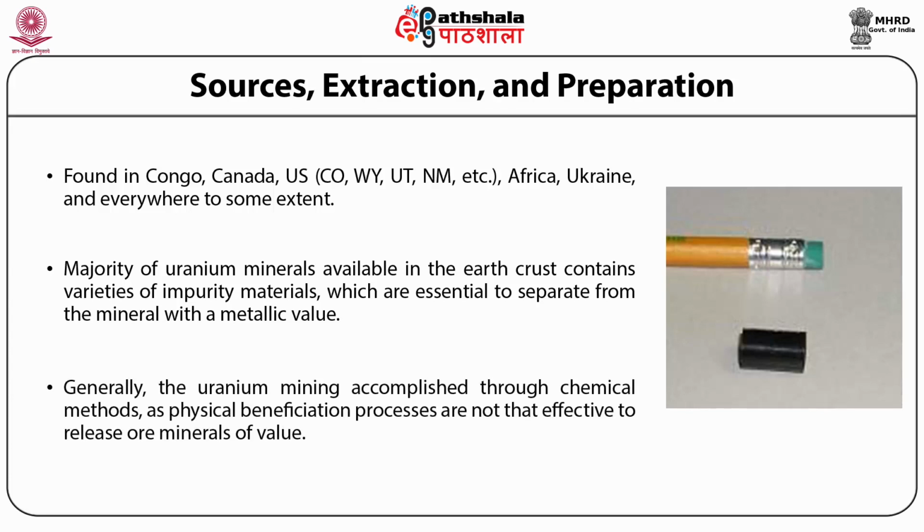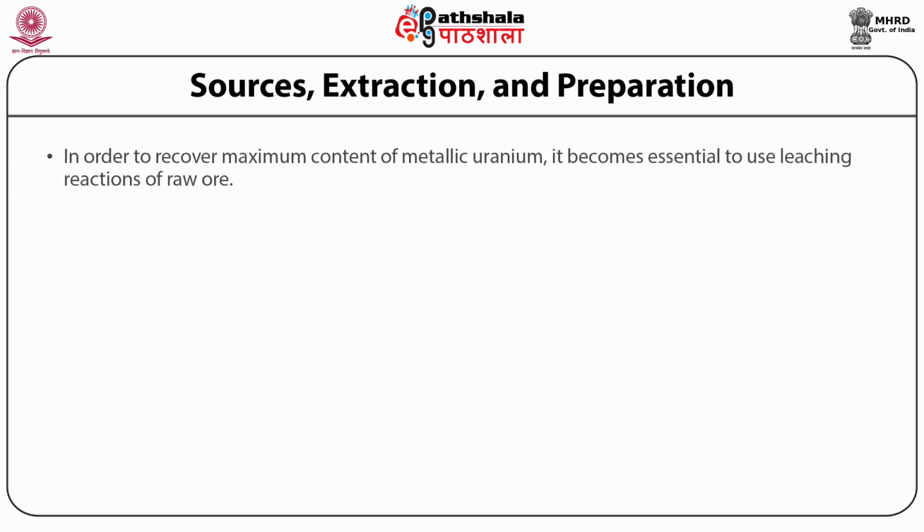Generally, uranium mining is accomplished through chemical methods, as physical beneficiation processes are not that effective to release ore minerals of value. Here, a few common techniques for uranium extraction are discussed in detail. In order to recover the maximum content of metallic uranium, it becomes essential to use leaching reactions of raw ore.